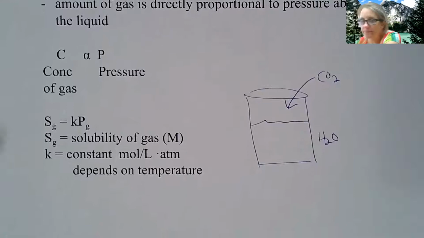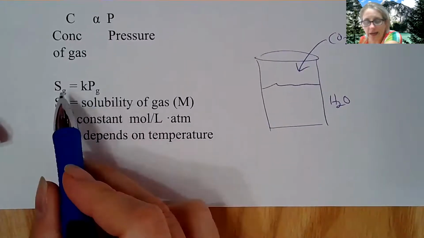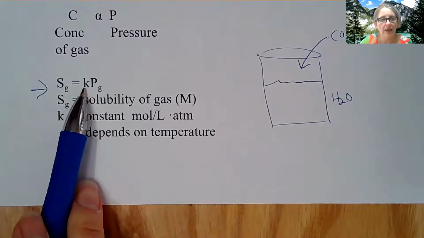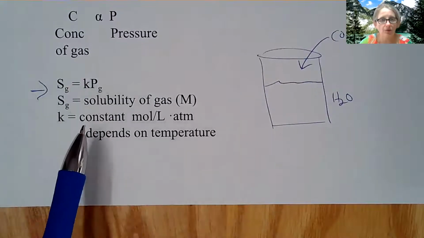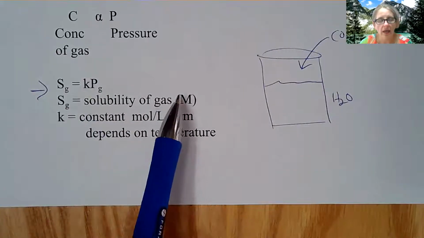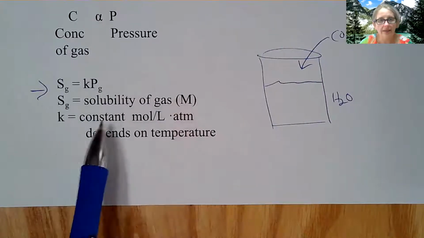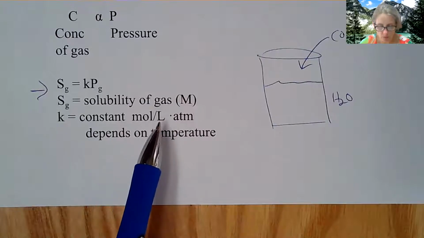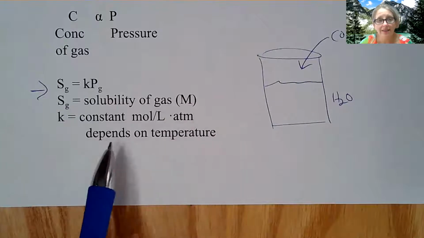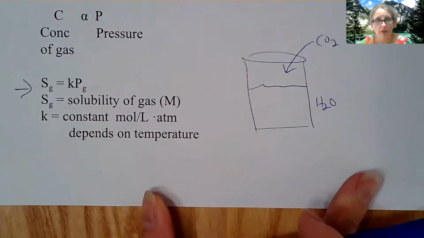So the actual Henry's law is solubility is equal to a constant times the pressure. So solubility of the gas is Sg, and it is in molarity. K is a constant, in moles over liters times atmosphere, and this constant does depend upon temperature.